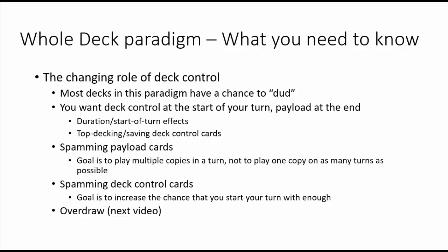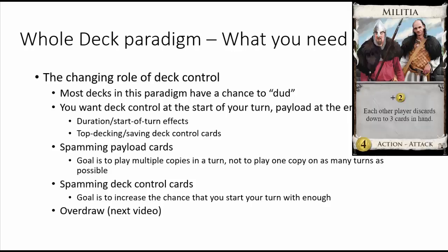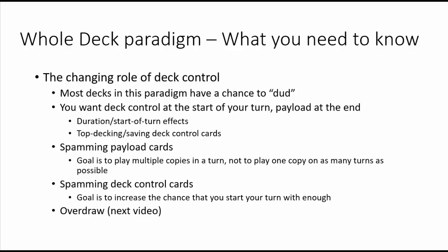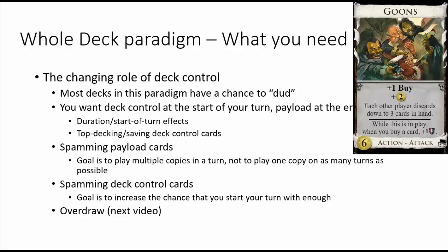So if you have a card like Militia, I can play 4 Militias in a turn, but that's the same effect. If my opponent's playing 1 Militia in a turn, then yeah, you probably only need 1 Militia. But if I'm playing money density, I might be getting more, just so I can increase the chances that I play one every turn. And also, in terms of payload cards that you want to play a lot of in a turn, like a Goons, once you identify that card and say, that's the payload card, I want to play a lot of it, then you're going to need to buy a lot of that card.